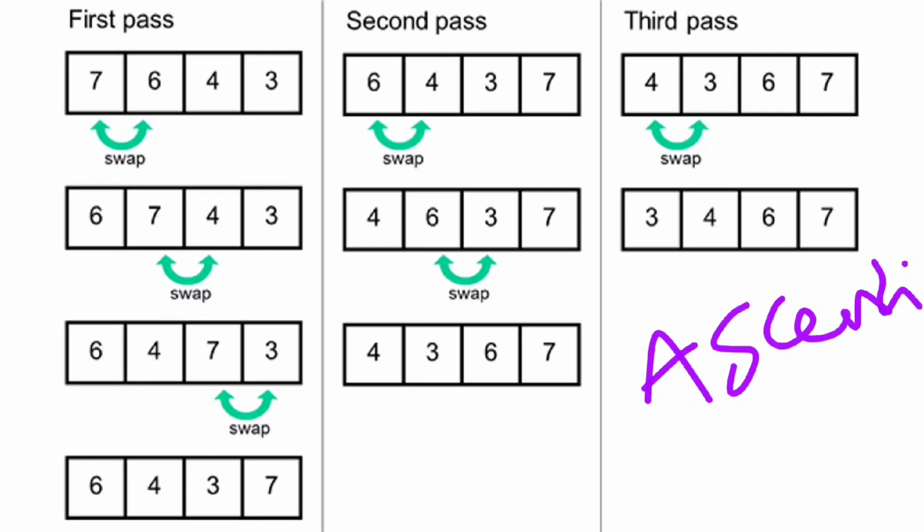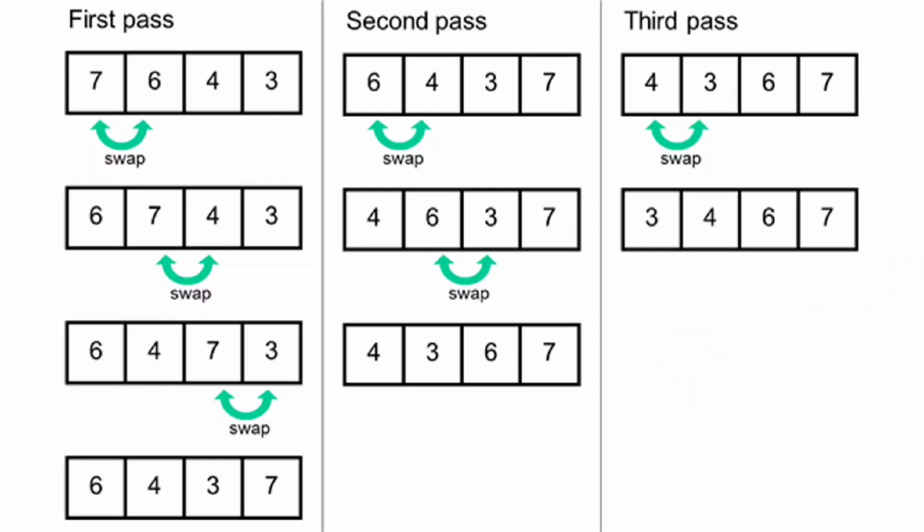Ascending means small to big, descending means big to small. Now my data is in descending order, meaning there is no sequential order. It is randomly scattered in memory, but I should make all the data sequential. That's the reason I'm going to apply this concept.